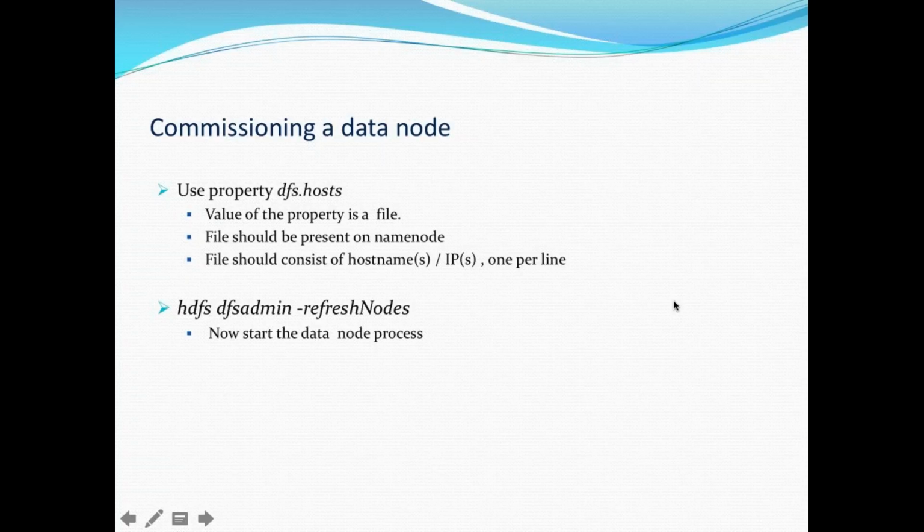Generally, when you work with Apache Hadoop, you use these properties. You create a property. Commissioning means graceful addition of a machine, where the administrator knows which machines can become a part of the cluster.